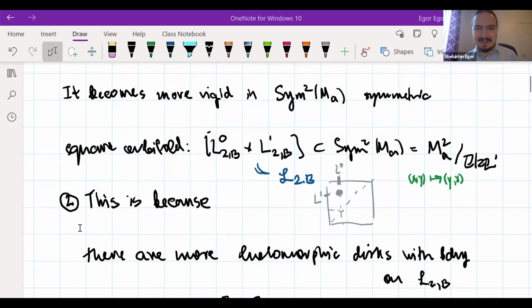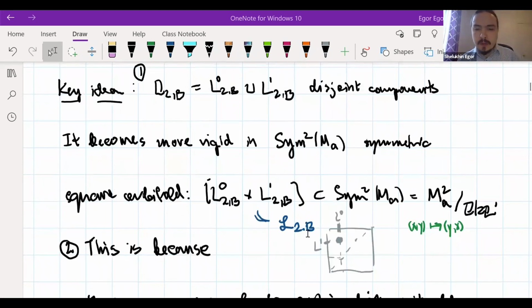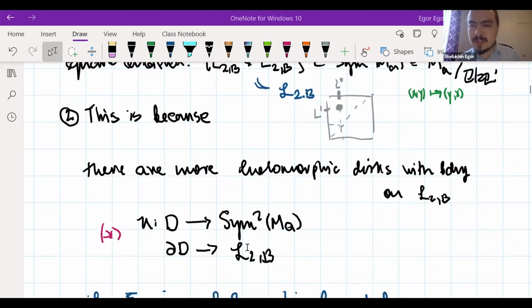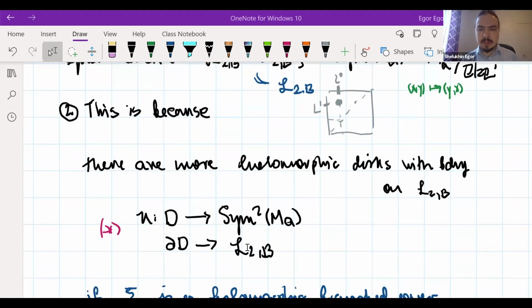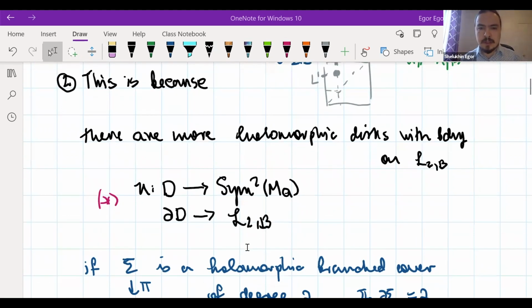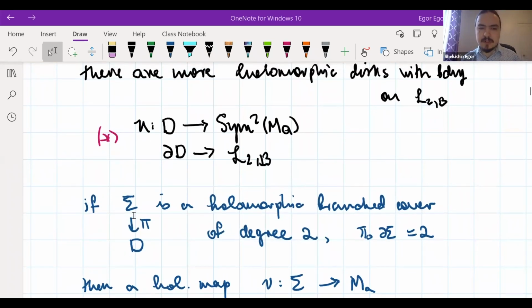Okay, and so this L curly inside the symmetric product is rigid because there are more holomorphic disks with boundary on L than one has. Such holomorphic disks are constructed from branched covers of the disk by a Riemann surface with boundary.